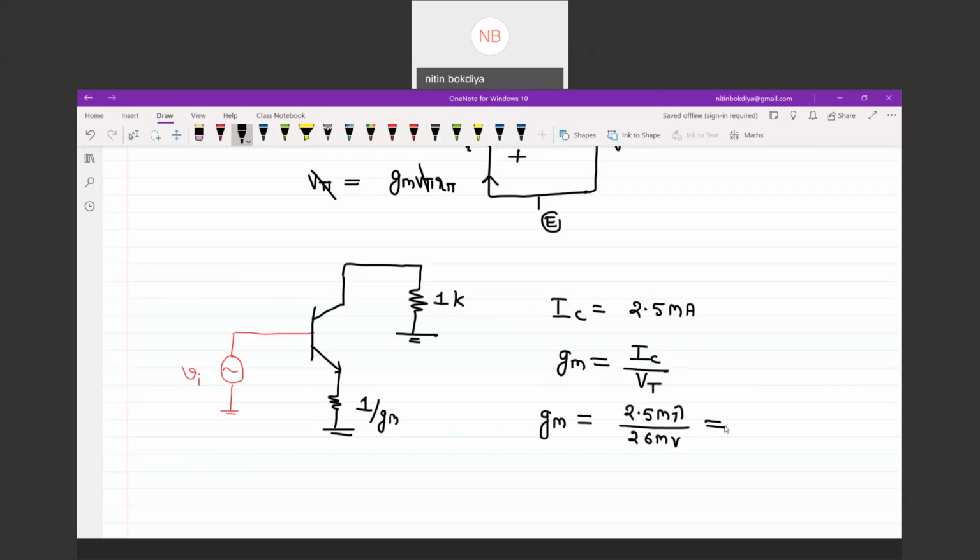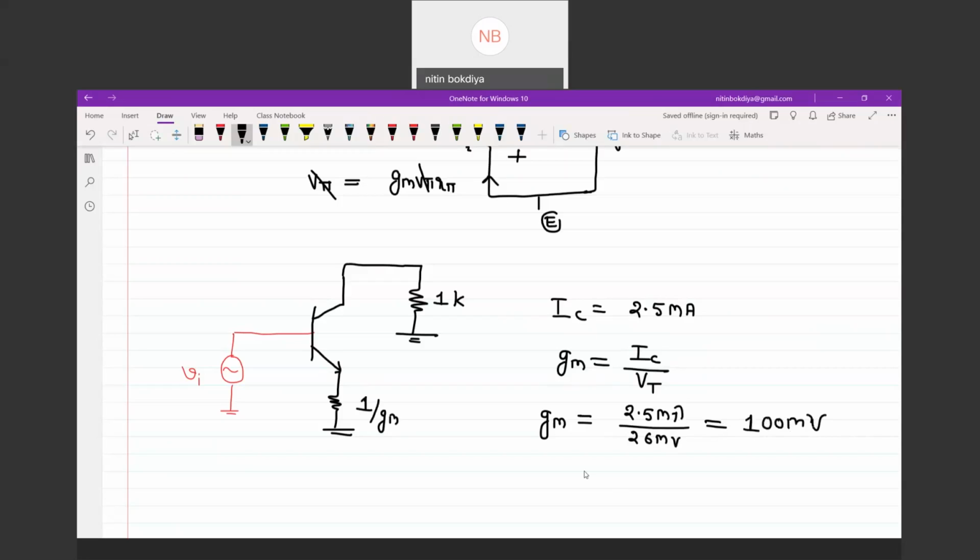So this value comes out to be 2.5 divided by 26, about 0.096, so you can say this is 100 millimho.